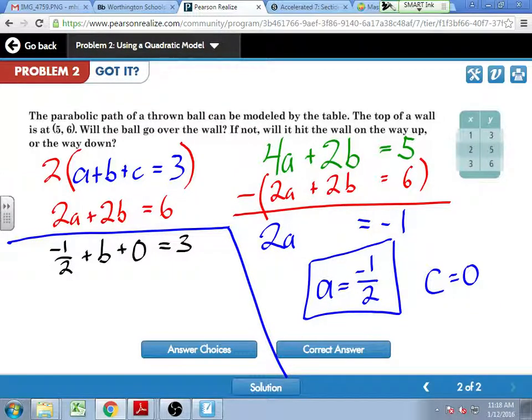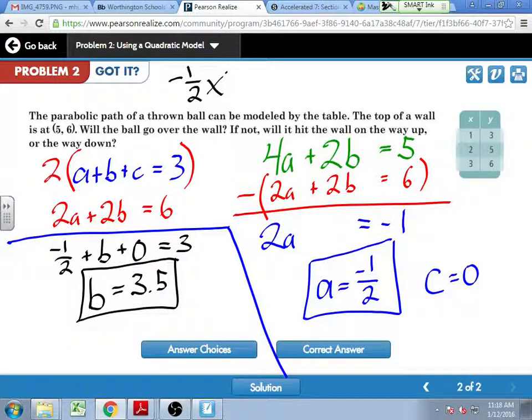Right? 3.5. I now have my A, my B, and my C. So my quadratic formula becomes negative 1/2 x squared plus 3.5x plus 0 equals y.